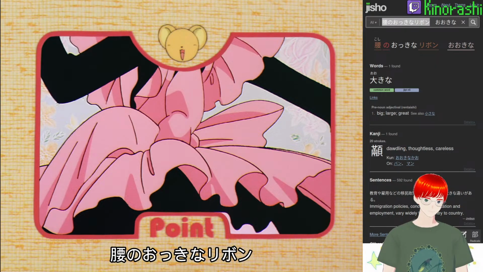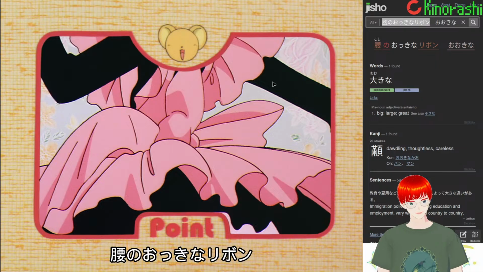Is koshi in this context supposed to be waist or lower back? Let's see, in the context, koshi no okina ribbon. Koshi refers to the waist or hips, while the Japanese word koshi broadly covers the area from waist to lower back and hips. Its specific meaning depends on usage.